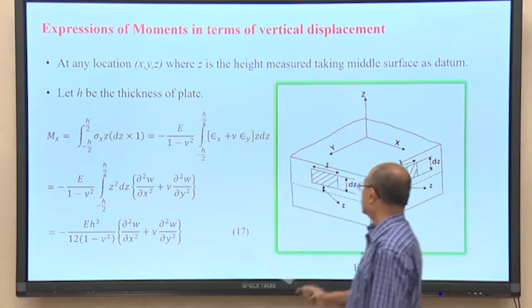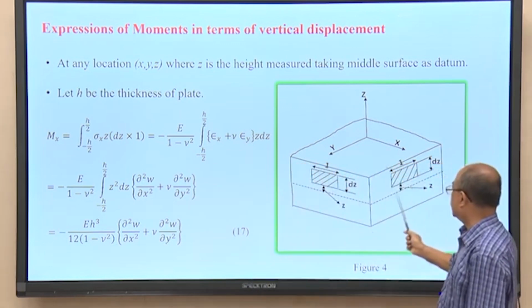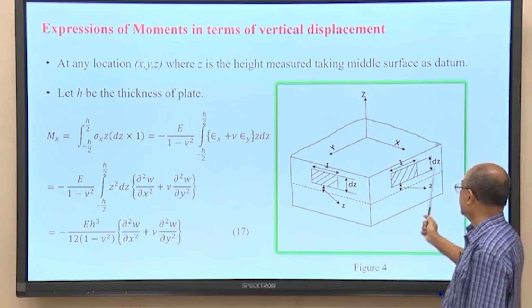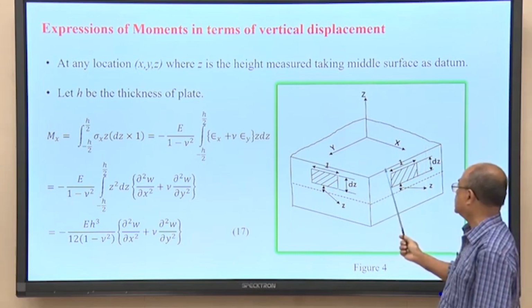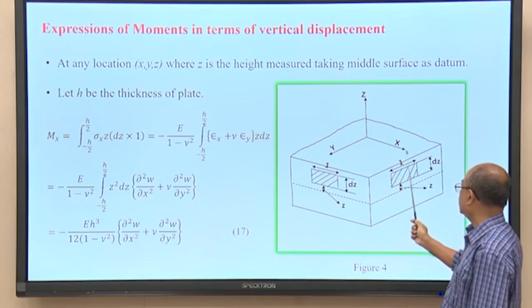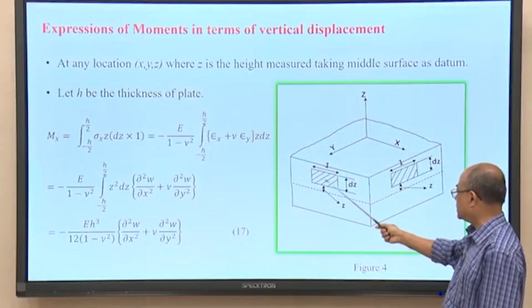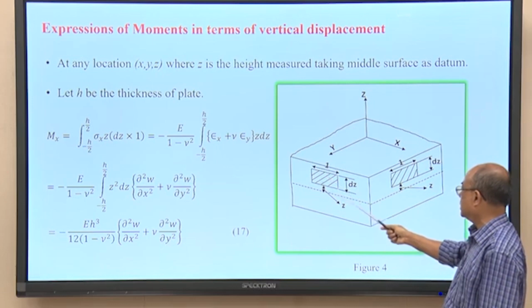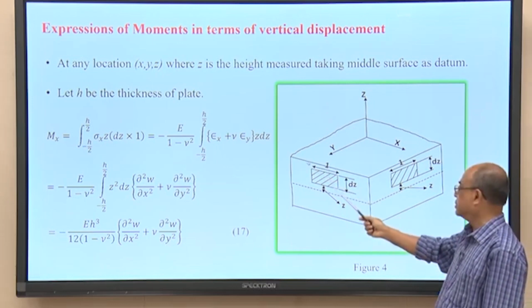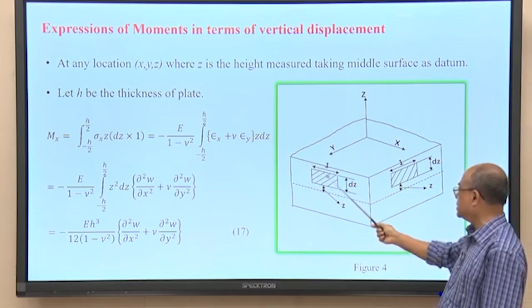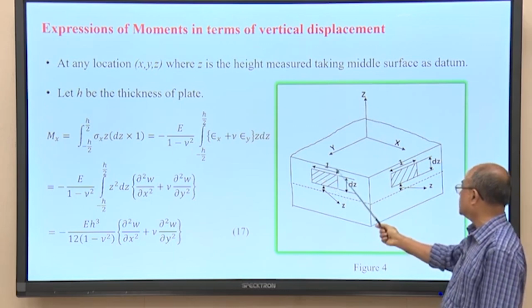Now, take two adjacent sides, one parallel to the x axis and another parallel to the y axis. When this side is parallel to the x axis, and if I take the normal stress, it will be sigma y, and the total force on the element will be sigma y into dx.